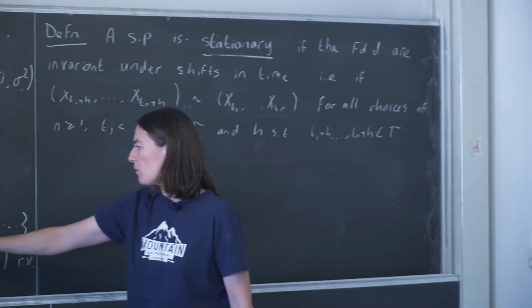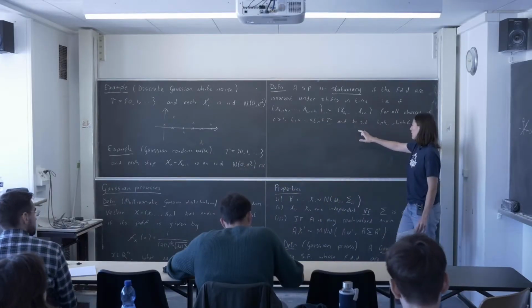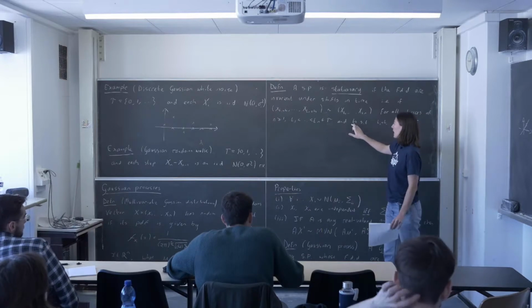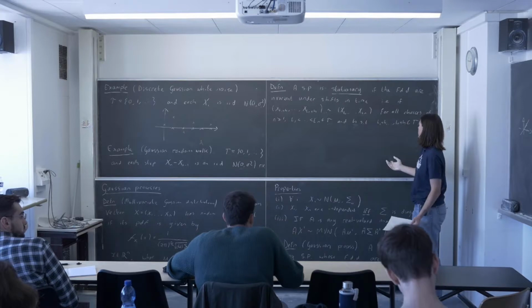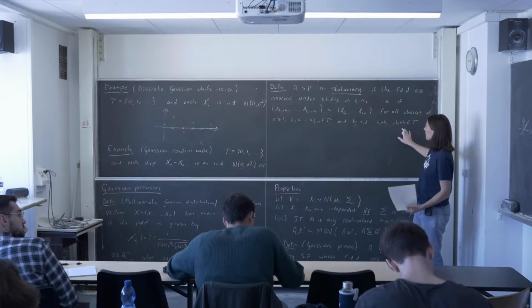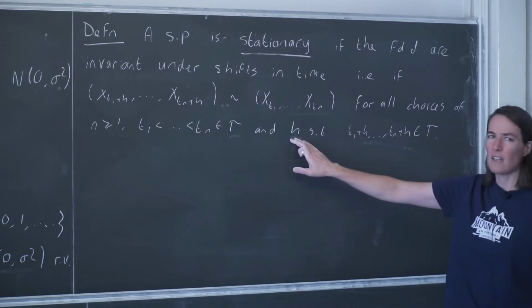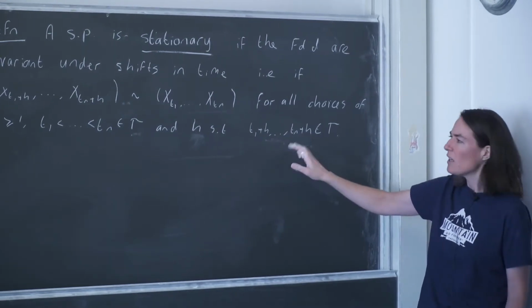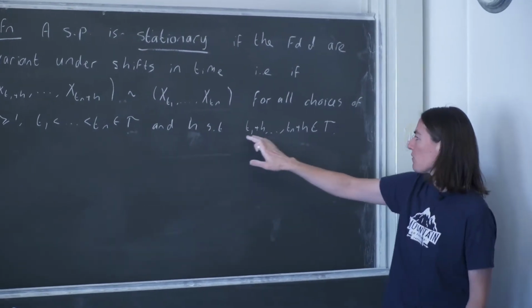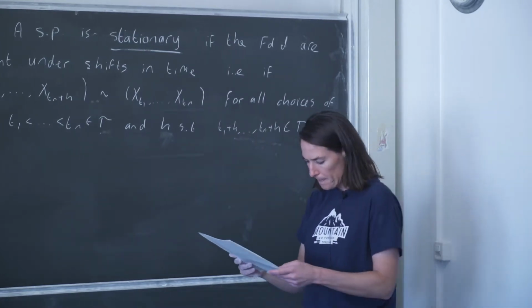So with the integers or with the positive reals, as long as you're shifting by an h that keeps you in the index set, if h is an integer, then you're right. But you could imagine having an index set where my index set is the primes, for example, and then you're not going to be finding an h for which this property holds. So that's the only thing you need to be careful about: your shift still keeps you in the index set.